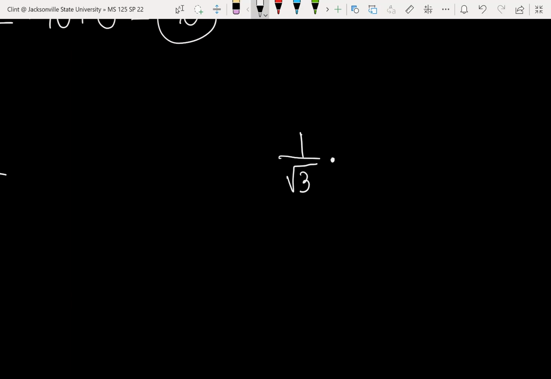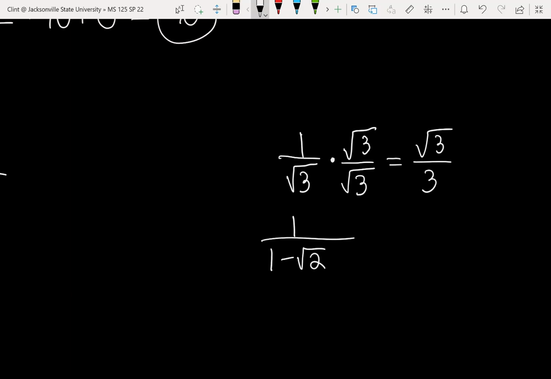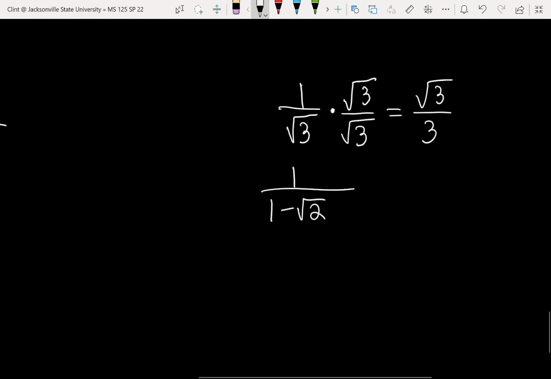Yeah, we multiply by, remember, root 3 over root 3, because we're not changing the value, that's just a fancy version of 1. What if it was something like that, and we wanted to get rid of the radical on that one?